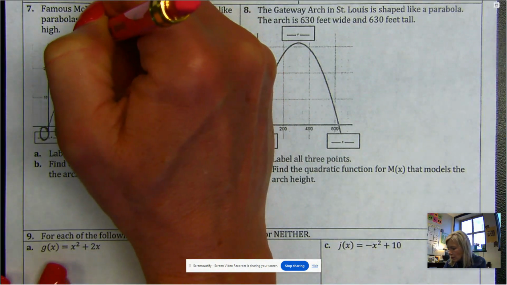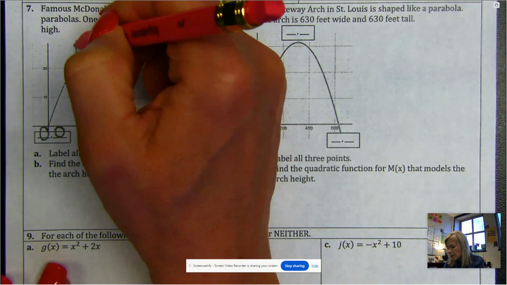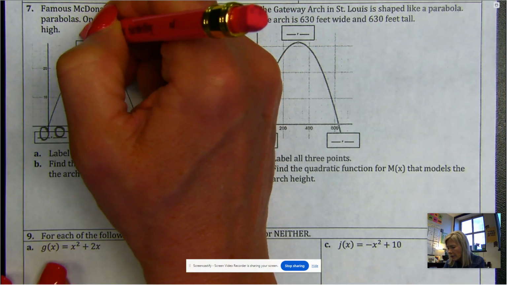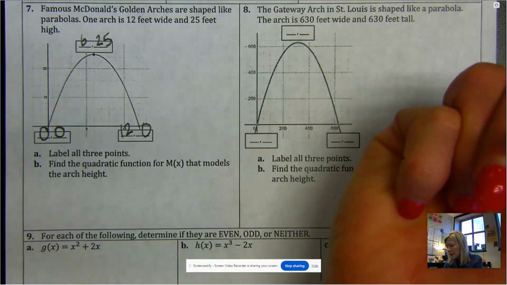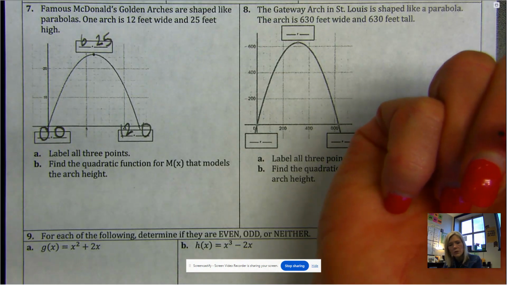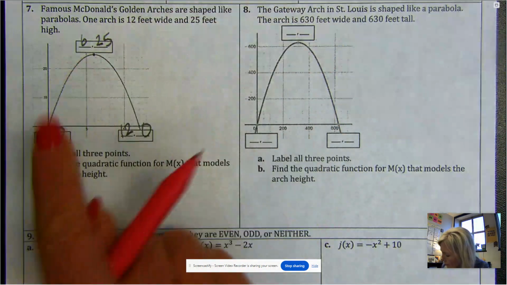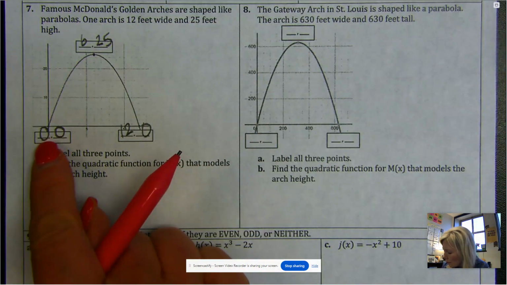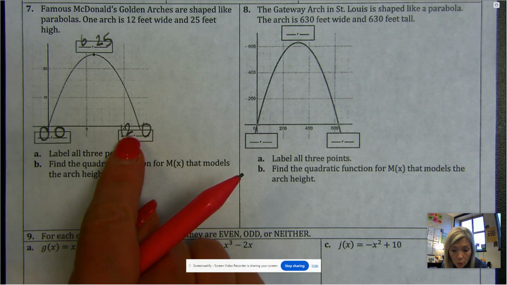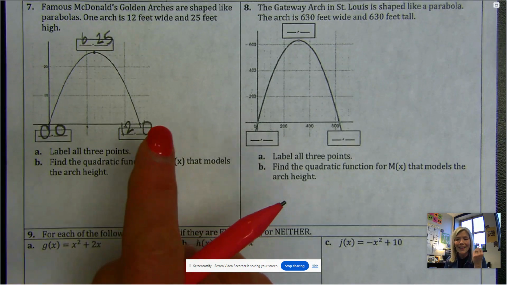So I know that the y is 25 because that's the height. And then the x is 6, half of 12. All right. So find the quadratic function that models the arch height. So we know that we can use factors of x and x minus 12 because that's where the x-intercepts are. But we're going to need a k value.